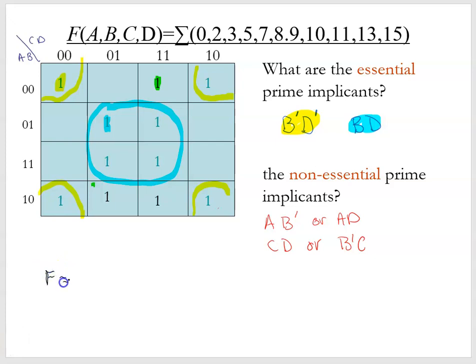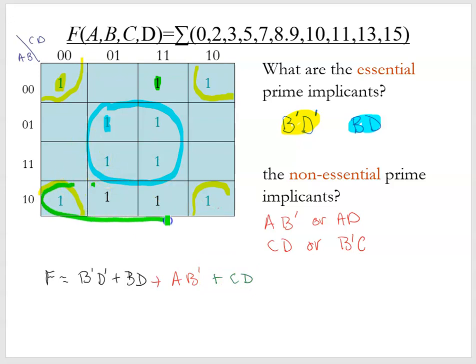But every time we do it, we're going to need our B prime, D prime, or BD, and then we could use AB prime, and then I'll do it like this. Then after we do AB prime, we could do our CD, right? That's if we did.